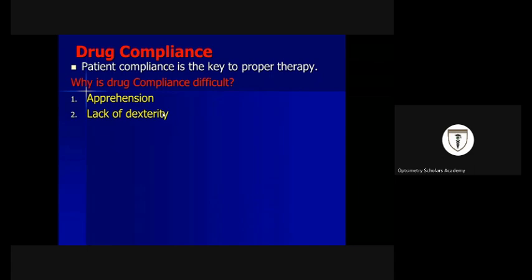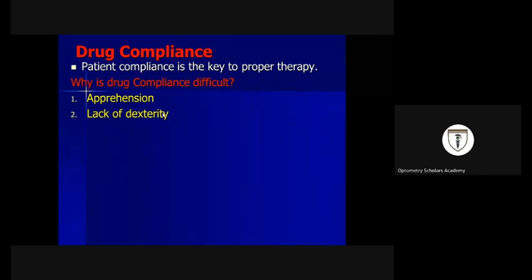Another thing is lack of dexterity. Some doctors might not be properly informed on how to prescribe drugs. So if you lack dexterity in drug prescription, this will influence the compliance of drugs by this patient, because you will not give the better directive.